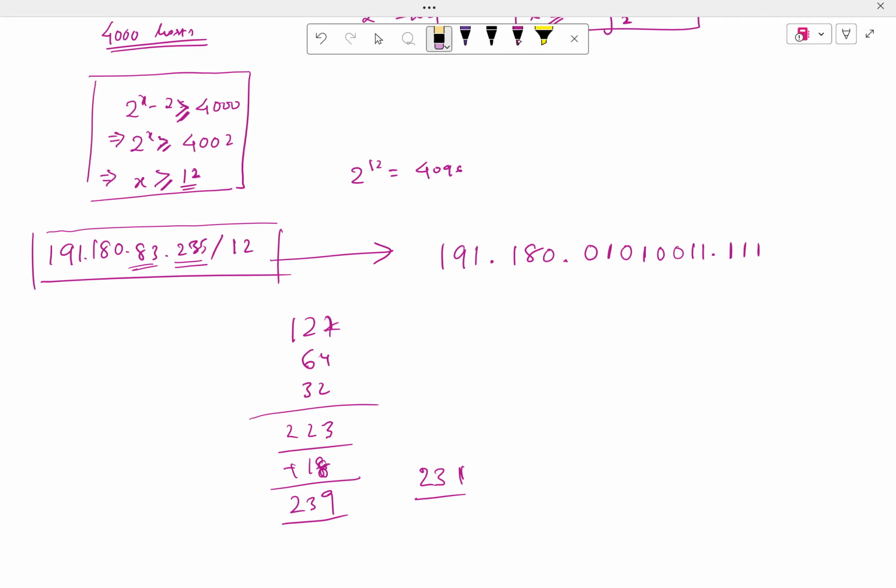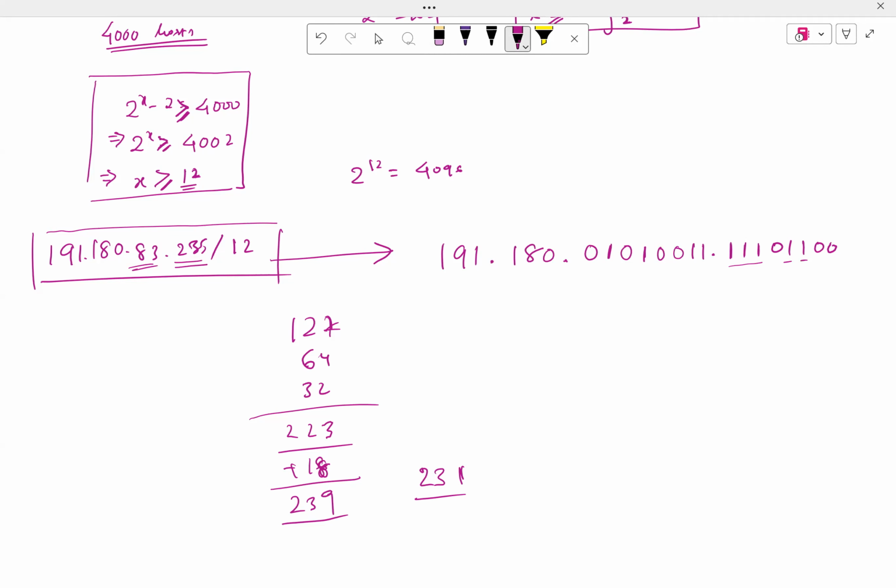So this will be 235, I guess. 223 till here, then you put 8, 4.